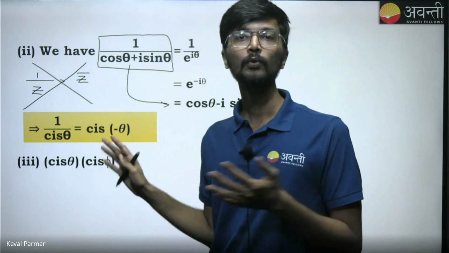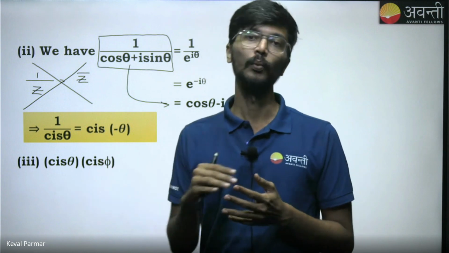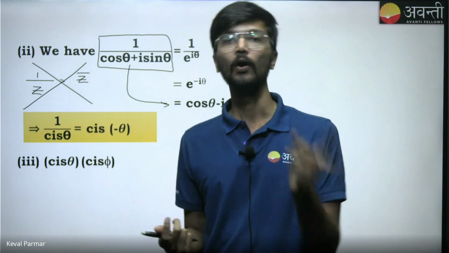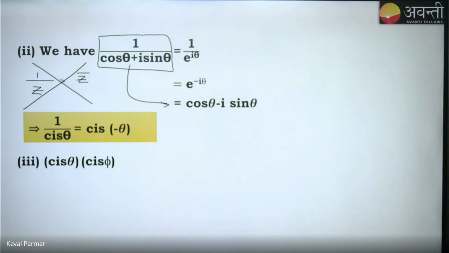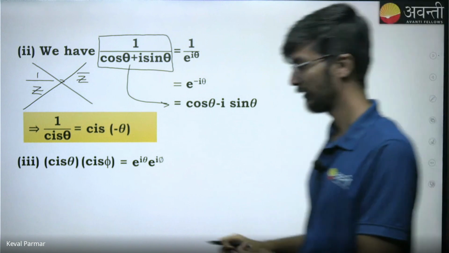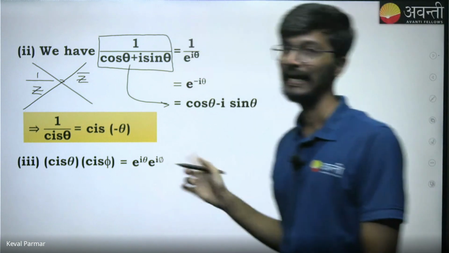So instead of using polar form here, we can easily use Euler form and get the result, because in polar form it will be very difficult to obtain the result by multiplying. So I can write cis theta is e raised to i theta and cis phi is e raised to i phi. Then we know that if the bases are same, the powers get added.